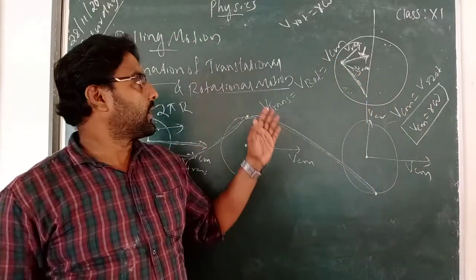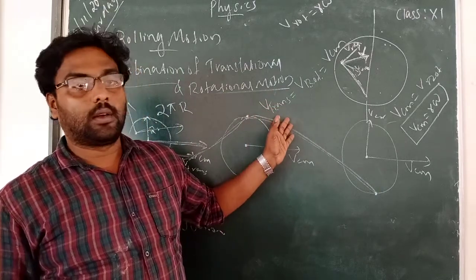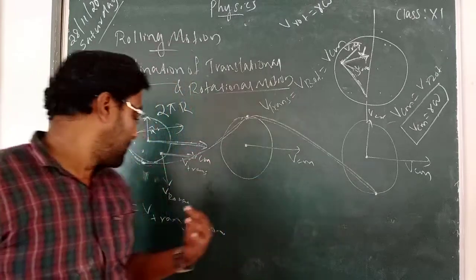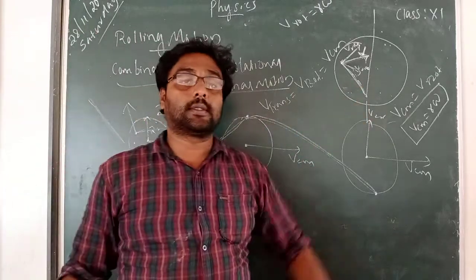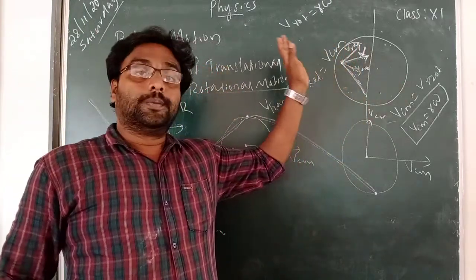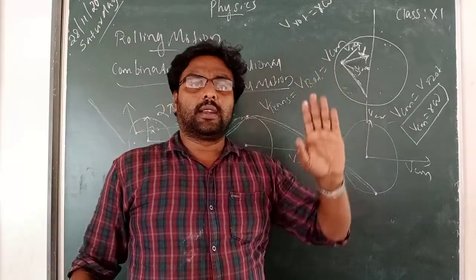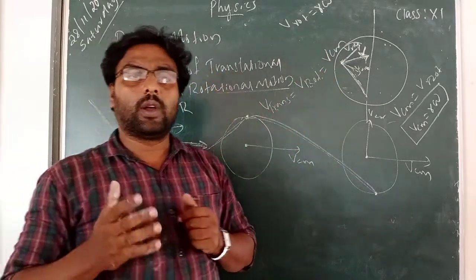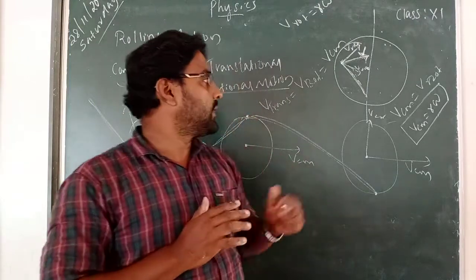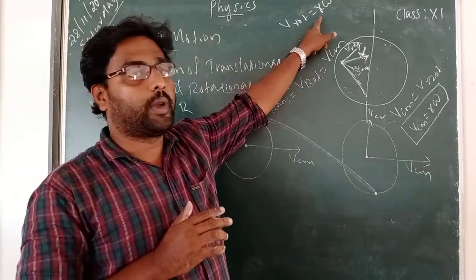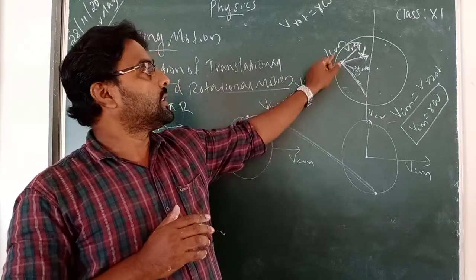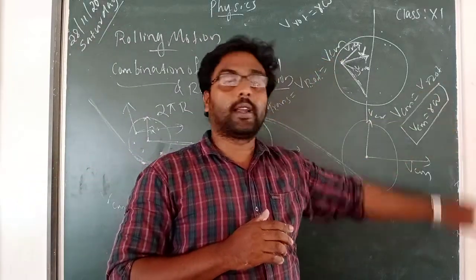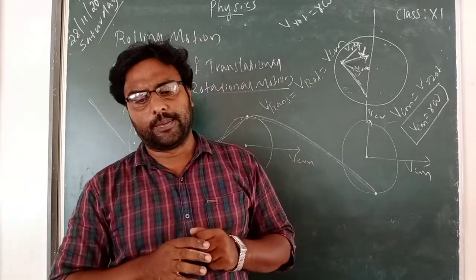So from that I can conclude that V translational is equal to V center of mass. It means V translational is equal to V rotational. Why? Because the magnitude is always the same. V rotational is R omega, V translational is VCM. So VCM is equal to R omega.